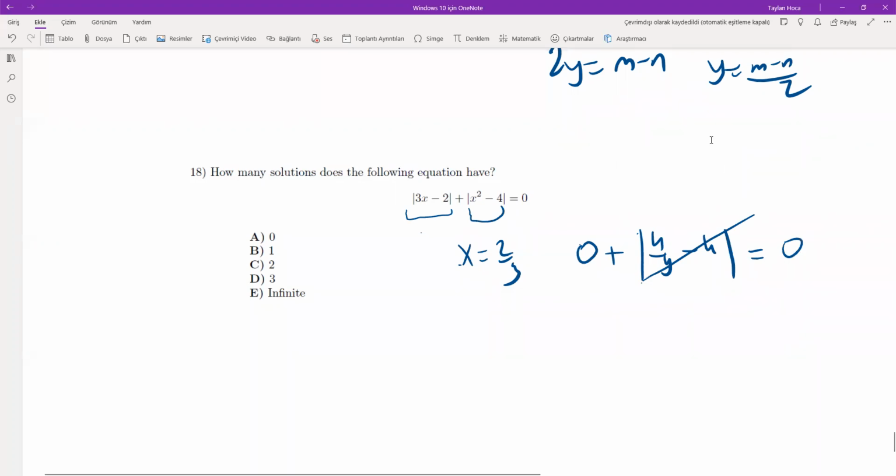Okay? So, in a single equation, we can have a single x value. We can have different solutions, of course, more than one solution. But in a single line, I must use the same x value.